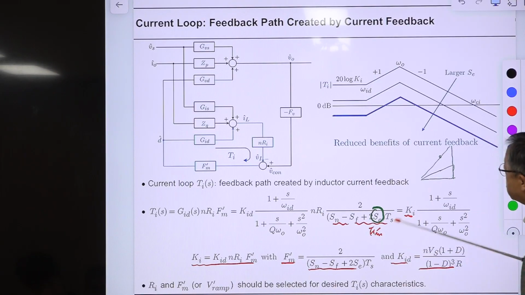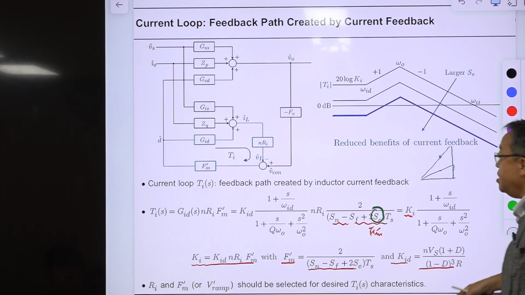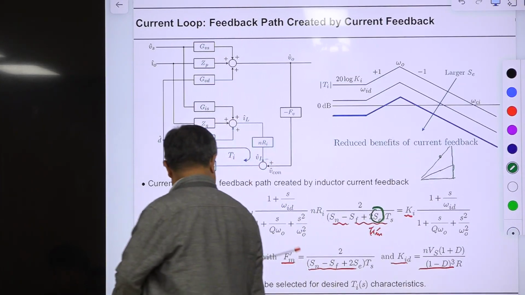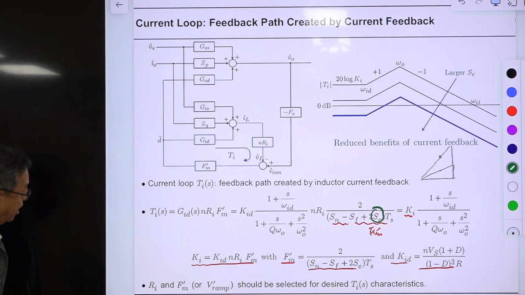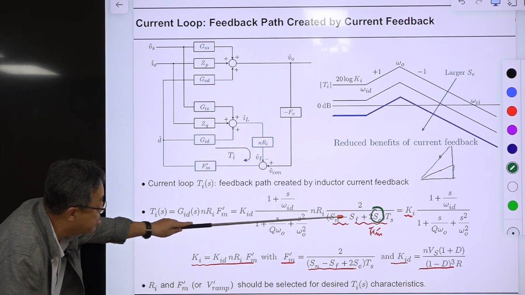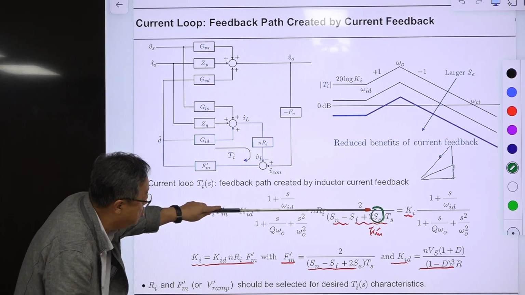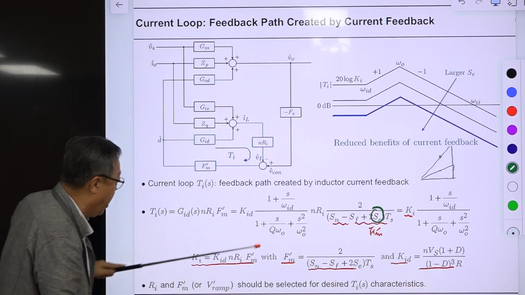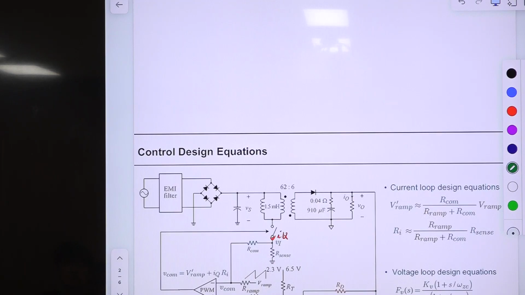Everything is fixed except this one and this one. If Ri is fixed, this is also fixed. So for the given power stage parameters, you should select Ri and Fm prime, and Fm prime is the SN, SF selection. The only means of changing this is changing this, which is the same as changing this V lamp. There is only one choice of this.